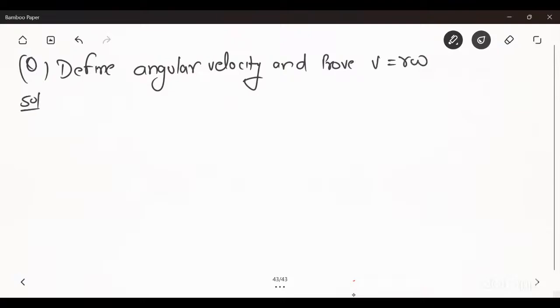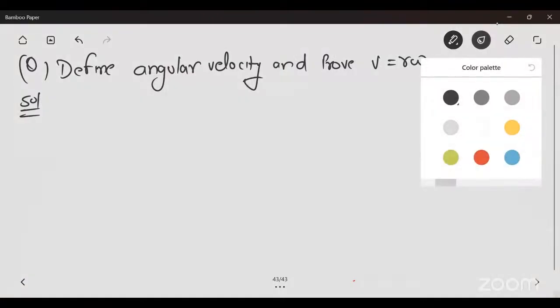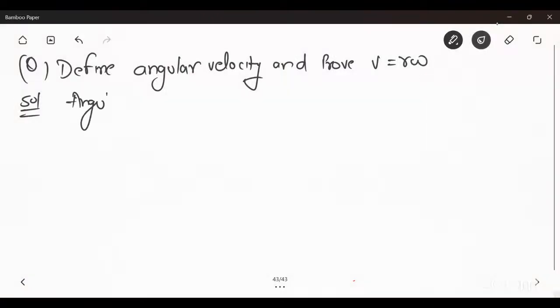So what is the angular velocity? Angular velocity is omega. Angular velocity is defined as omega.